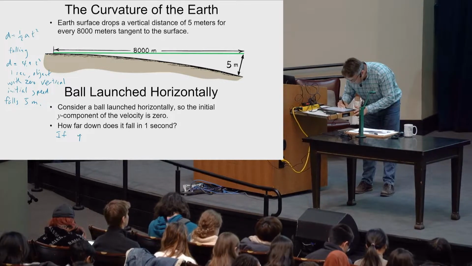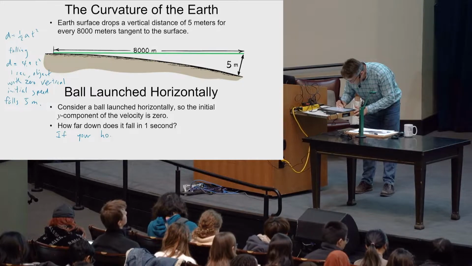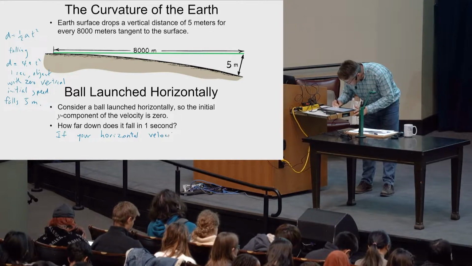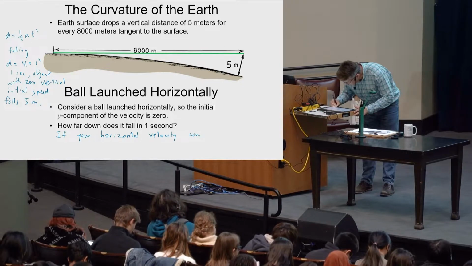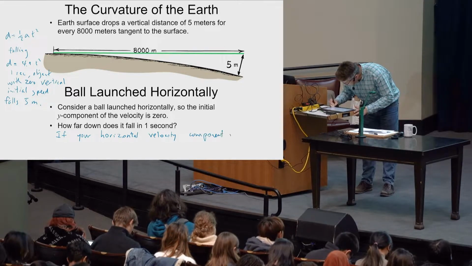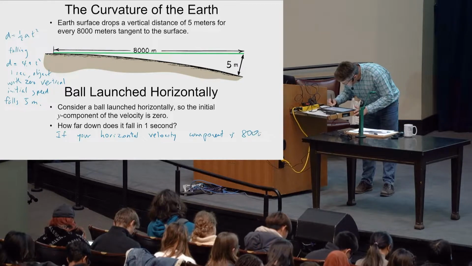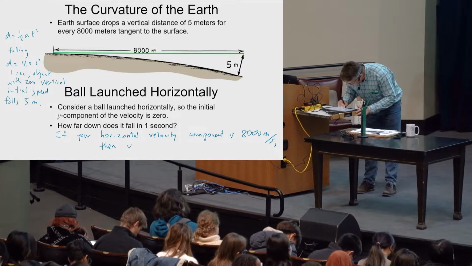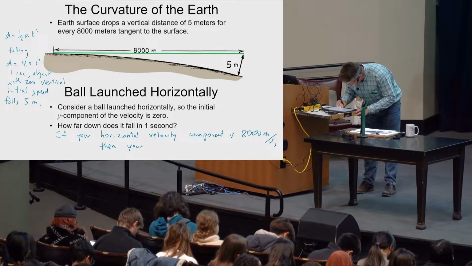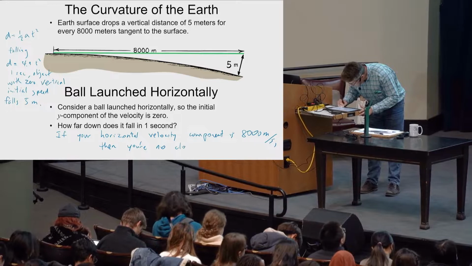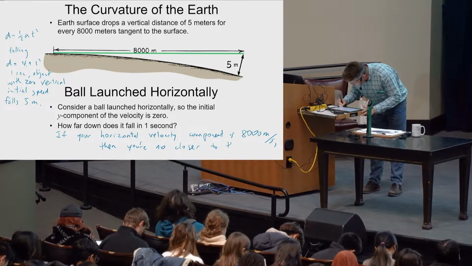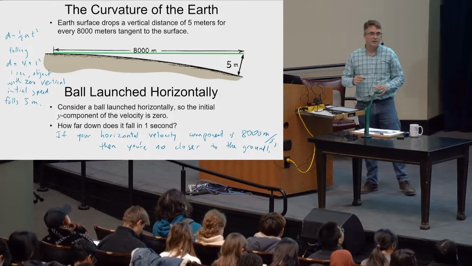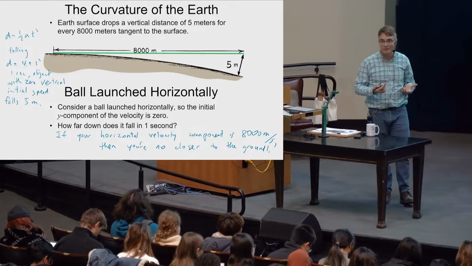If your horizontal velocity component is 8,000 meters per second, then you are no closer to the ground because of the curvature of the Earth. It'll actually seem like you haven't fallen at all.